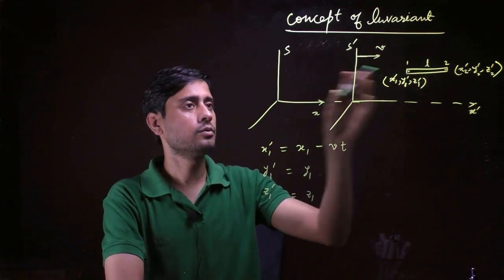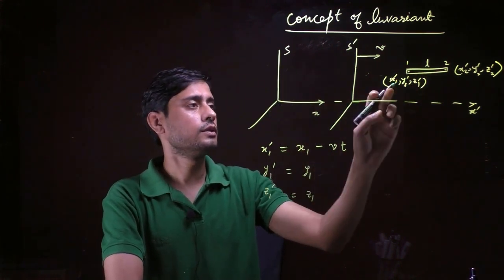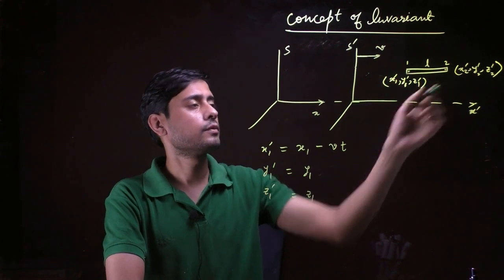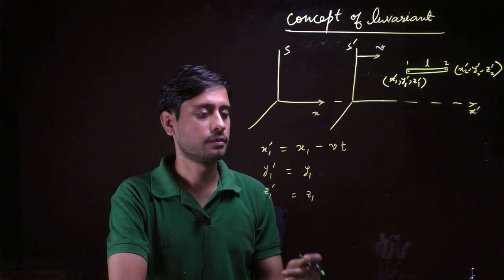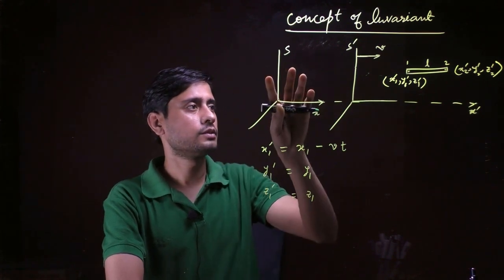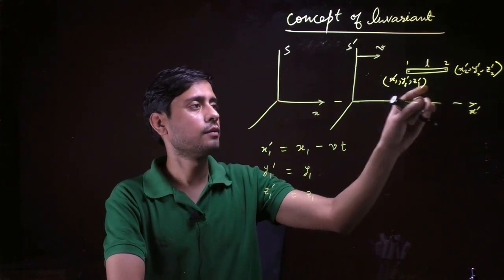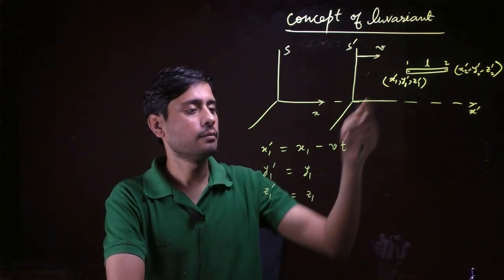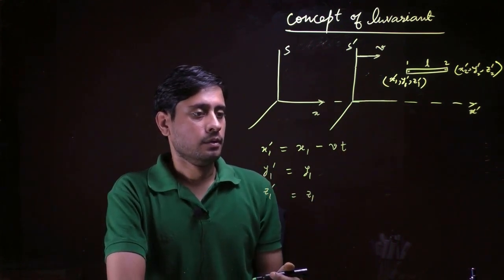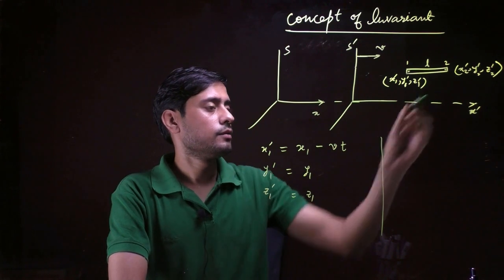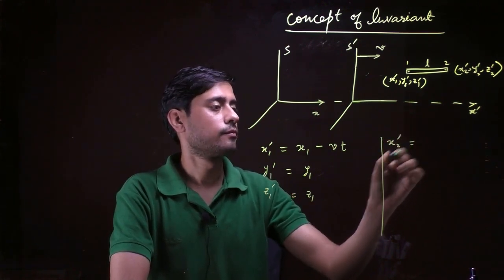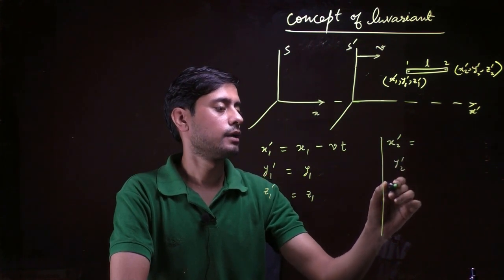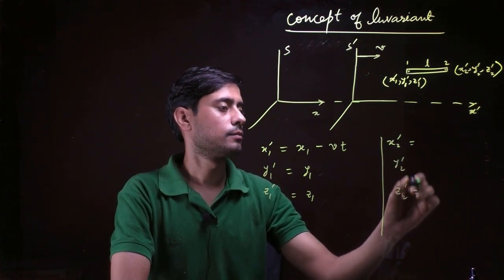With respect to this coordinate system, the labels of the primes will not be there. So for this coordinate system, the coordinates will have no prime label. For the other end we have x2 prime, y2 prime and z2 prime.